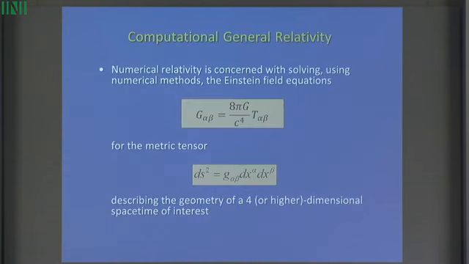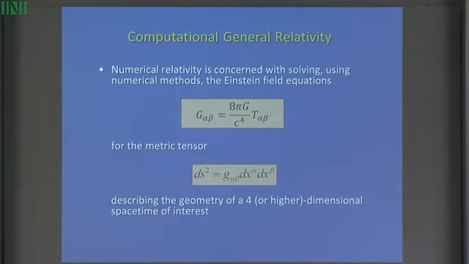Okay, so let's just recap again what has been gone over a few times today already. Numerical relativity is concerned with solving the Einstein field equations, here written in their usual very nice tensor form. The Einstein tensor is proportional to the stress-energy tensor, Newton's constant, and the speed of light.